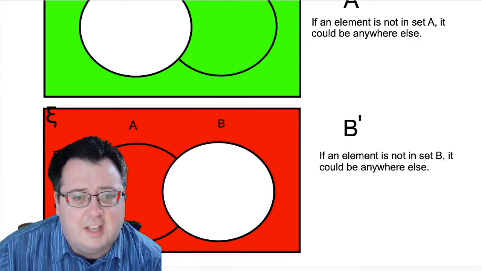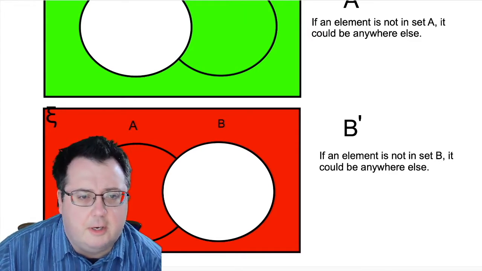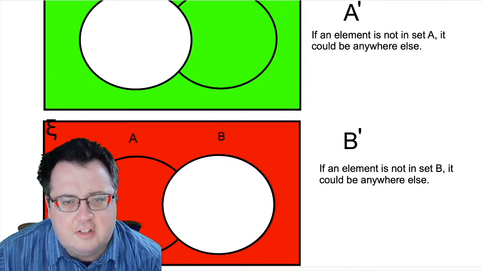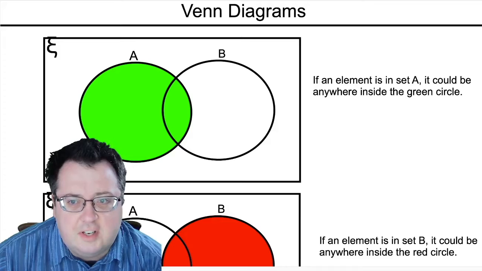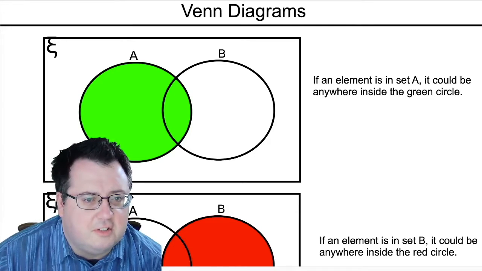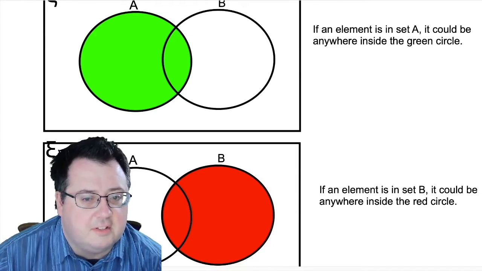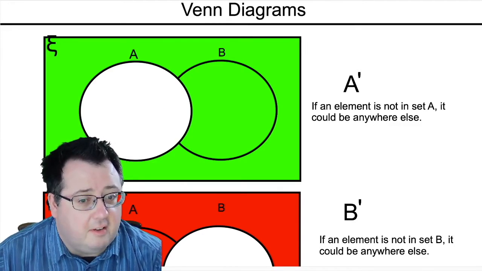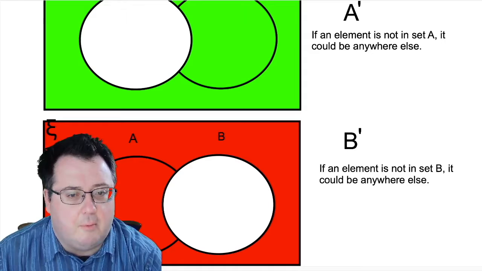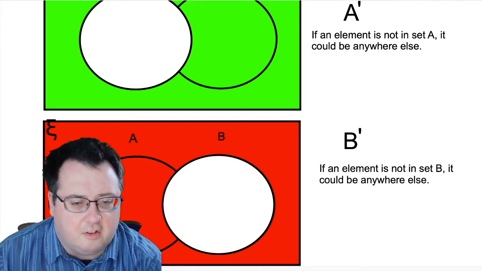So I'm just trying to get you used to the terminology that is used with these Venn diagrams. So if it's in A, it's going to be inside the green circle. If it's in B, it's going to be inside the red one. If it's not in A, it can be anywhere else. And if it's not in B, it can be anywhere outside the group B.